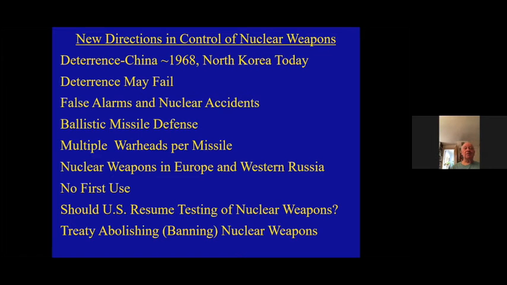The Reagan administration made one of the big proposals of a missile defense system. Many scientists think that this is not feasible, that another country can always defeat missile defense by building more weapons or building smarter weapons to avoid missile defense.